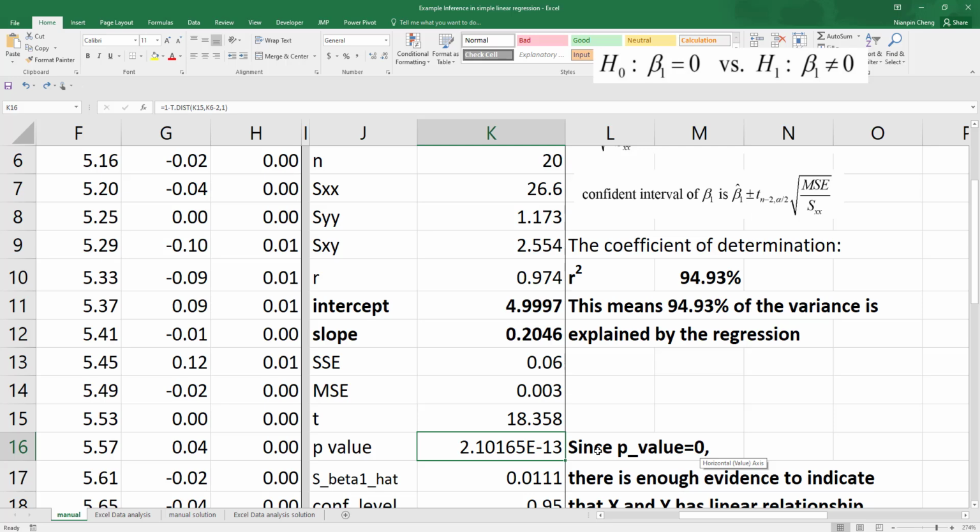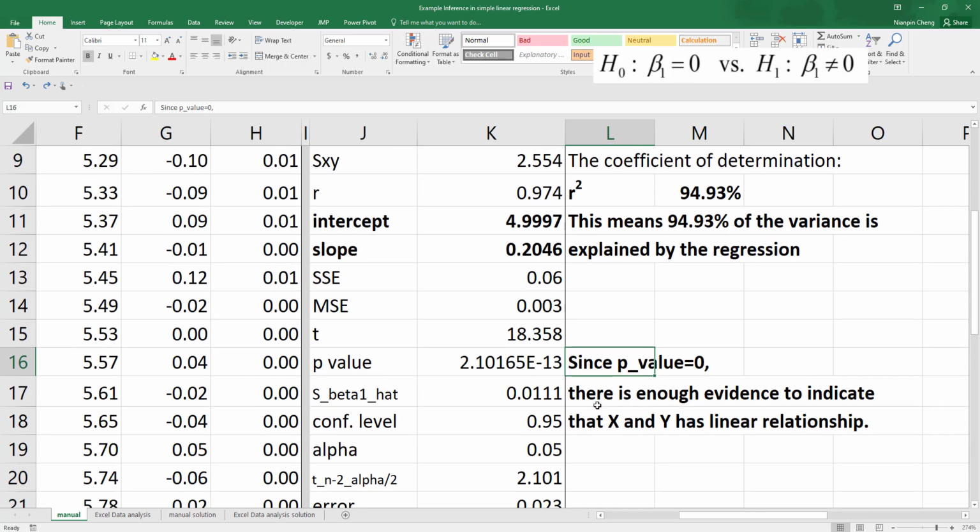We have enough evidence to reject the null hypothesis. In other words, we have enough evidence to support the alternative hypothesis. So the slope is not 0. So there is a linear relationship between x and y. So this is the conclusion.